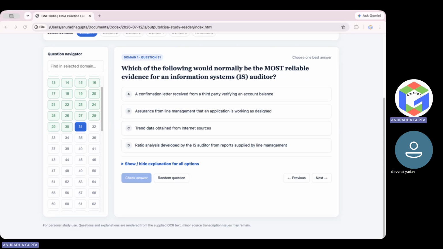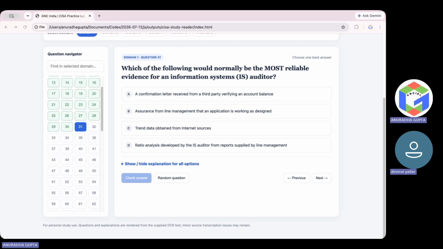Okay, so the question is which of the following would normally be the most reliable evidence for an IS auditor? Most reliable. So as per D, ratio analysis developed by the IS auditor from the report supported by the line manager. But this is the internal report, right? It is a report provided by the line manager.